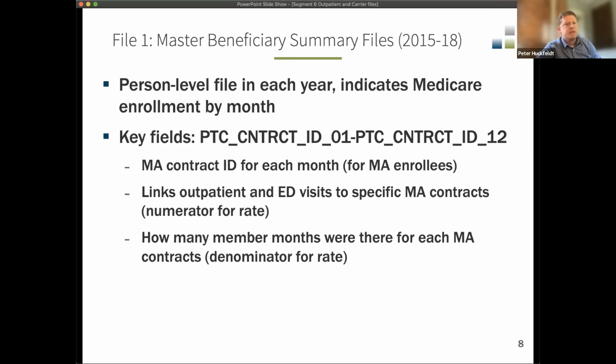And then we also use these data to count the number of member months for each MA contract. So this is the denominator for the rate we're going to calculate.